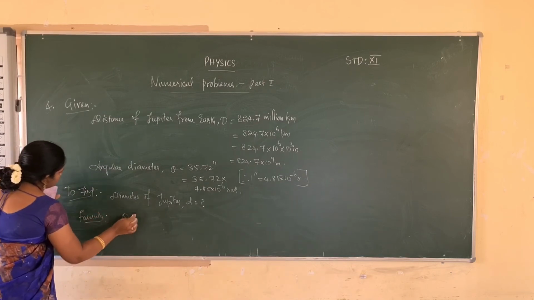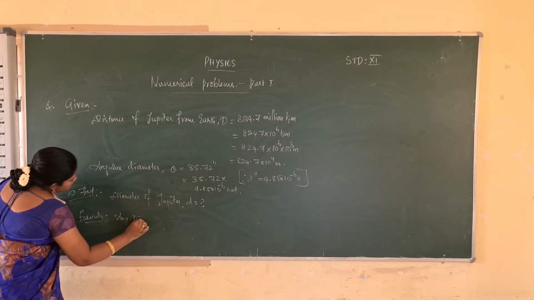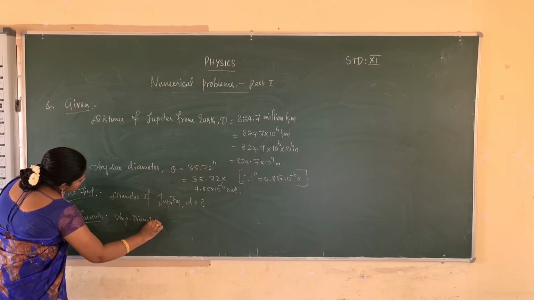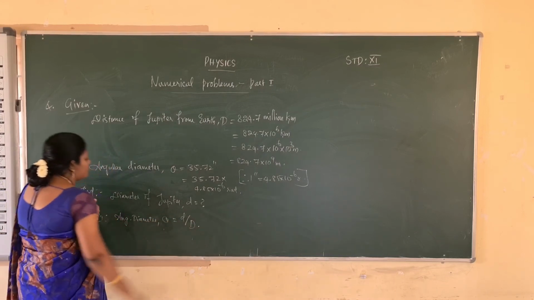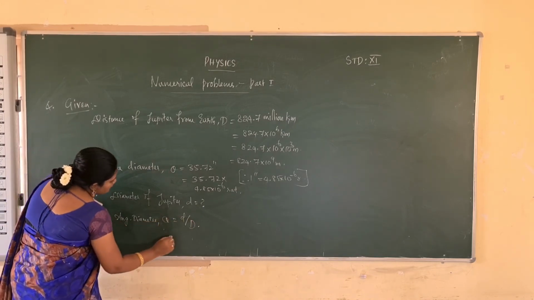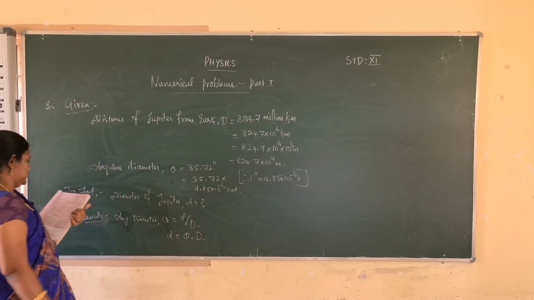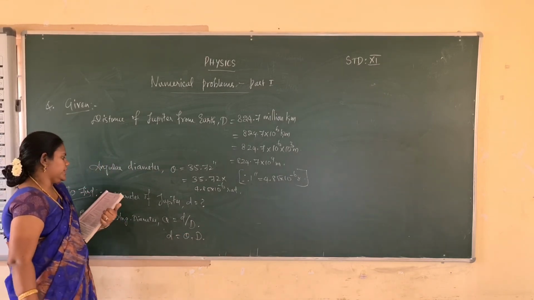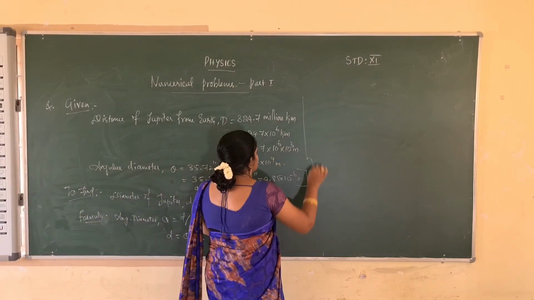Angular diameter theta is equal to small d by capital D. This is the formula. We want small d, so d is equal to theta into D.